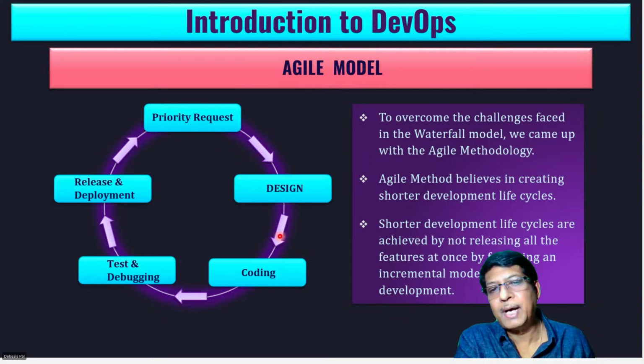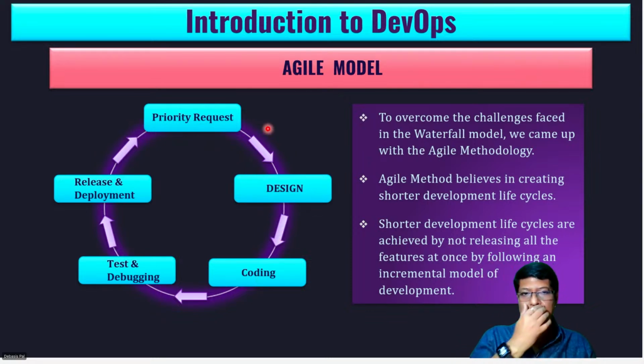These are the pipelines that we are going to learn in our DevOps journey. Clear? It is the shorter development life cycles. By not releasing all the features at one go, it is an incremental model of development. That is the beauty.